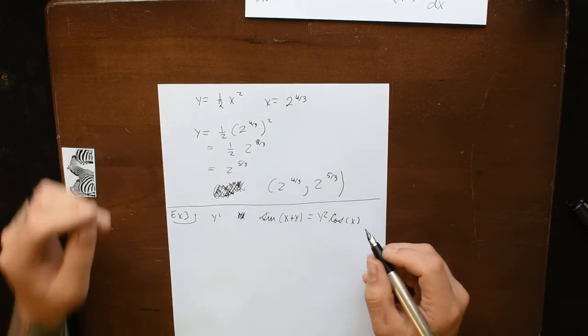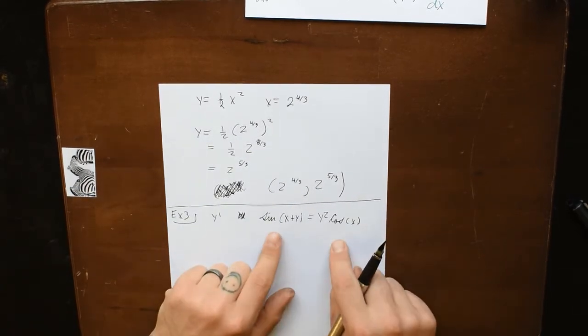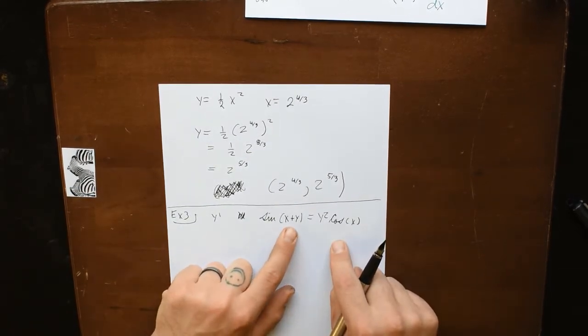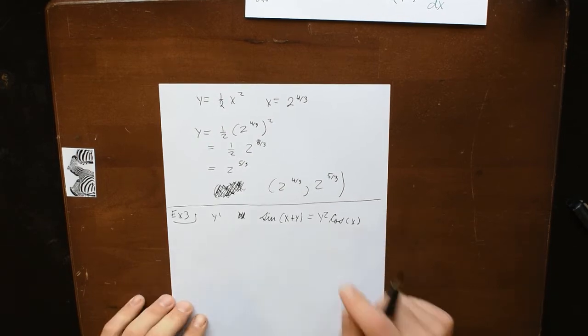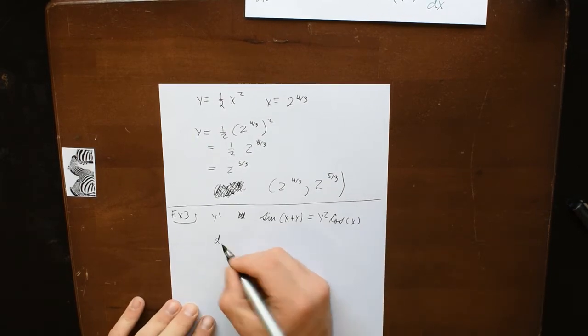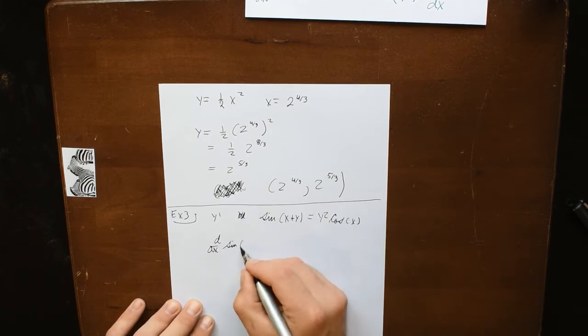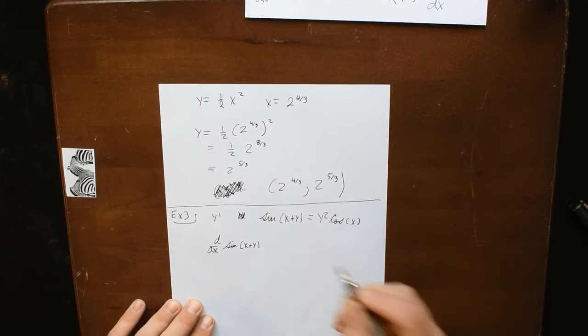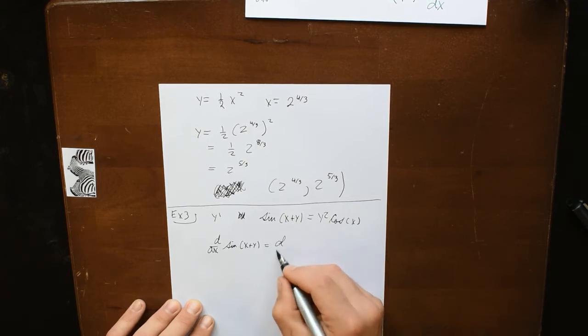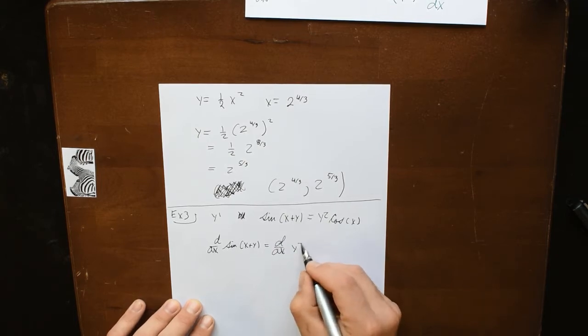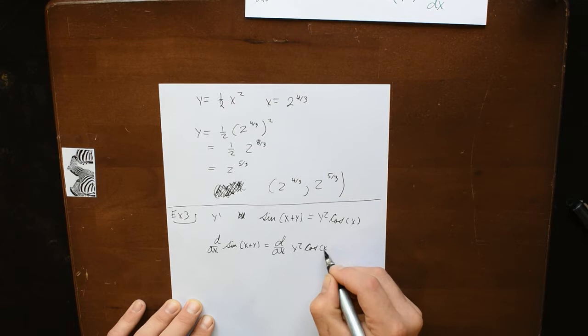Okay. So, if the sine of x plus y is equal to y squared times the cosine of x, that means the derivative of the sine of x plus y is equal to the derivative of y squared times the cosine of x.